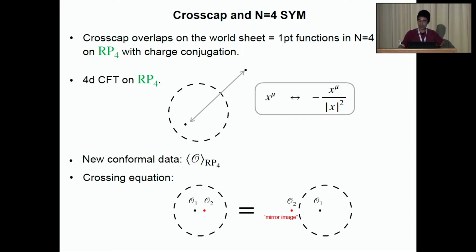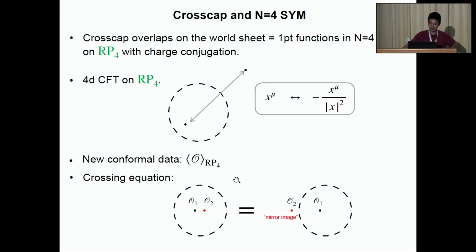And you can actually analyze correlation functions on RP4 and also write down a crossing equation. If you consider a correlation function of local operators on RP4, there is a new conformal data, which is basically the one-point function on RP4. Because the RP4 identification breaks part of the conformal symmetry, the one-point function of a local operator is now non-zero.